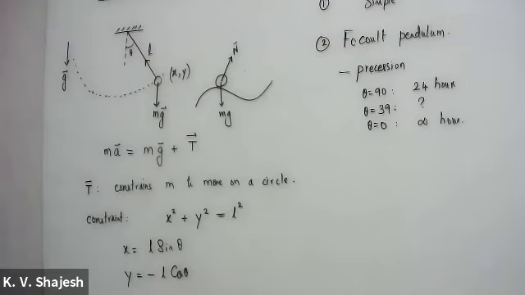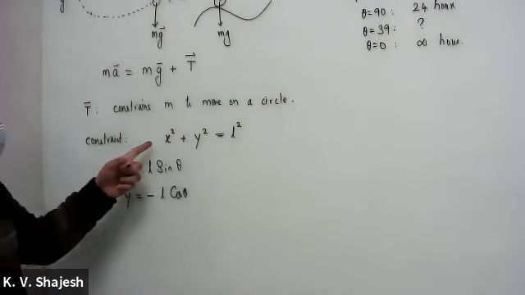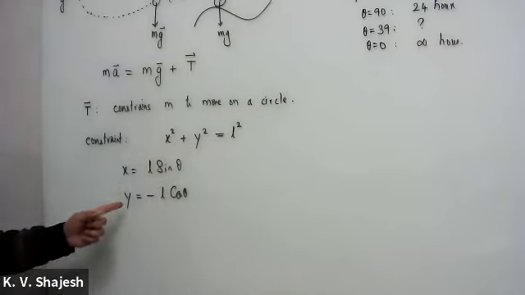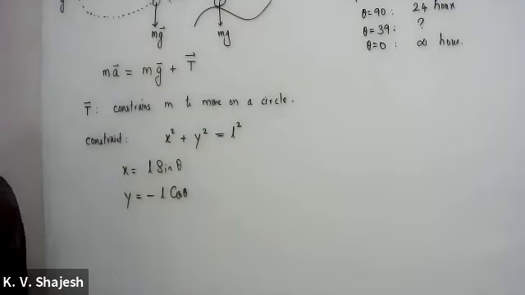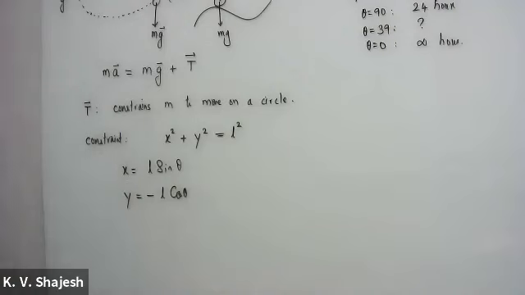But once we have that, it is clear that because of this constraint, apparently there are two variables, but actually there is only one variable. This is angle theta. L is fixed. If I take a derivative with respect to time, only theta is changing with time.